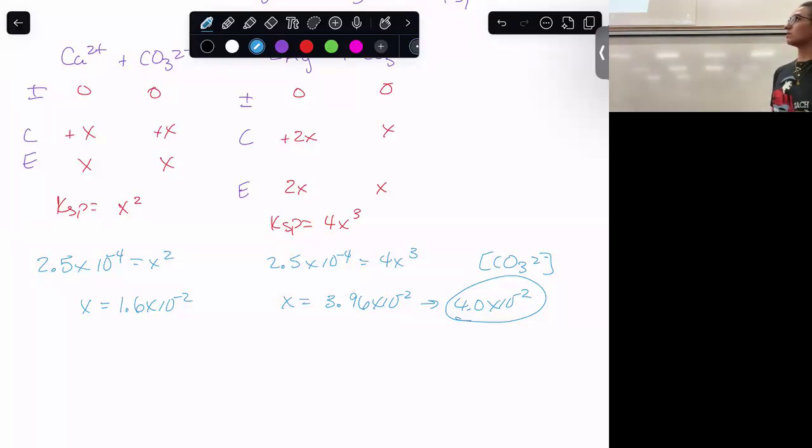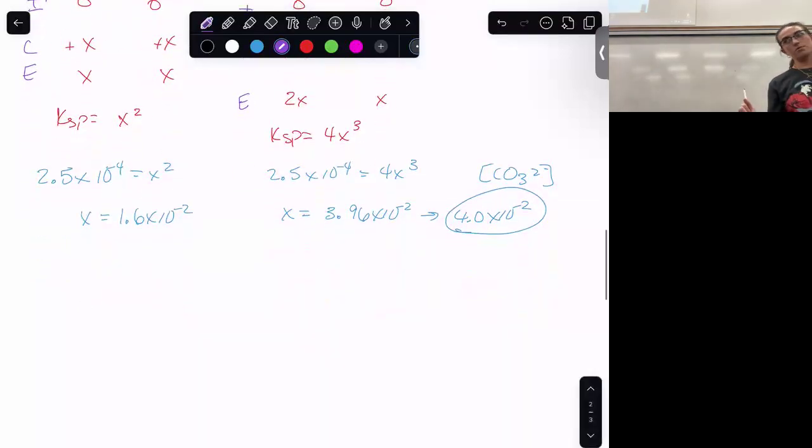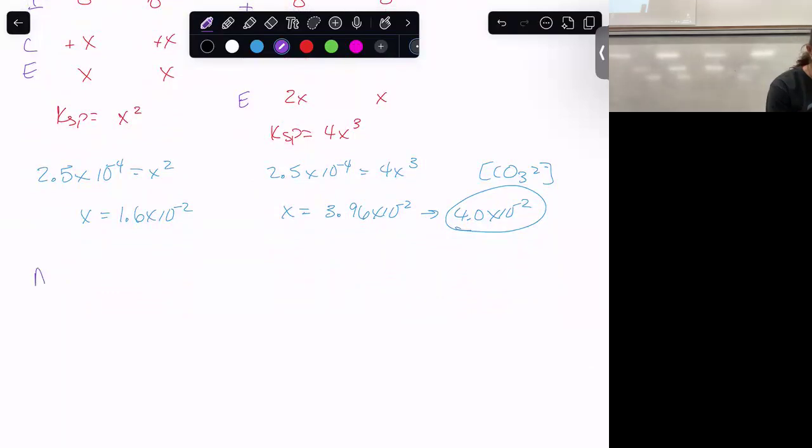And then you could do the same thing for, I guess, like aluminum. Right, if we had this salt, now this becomes even more complicated.